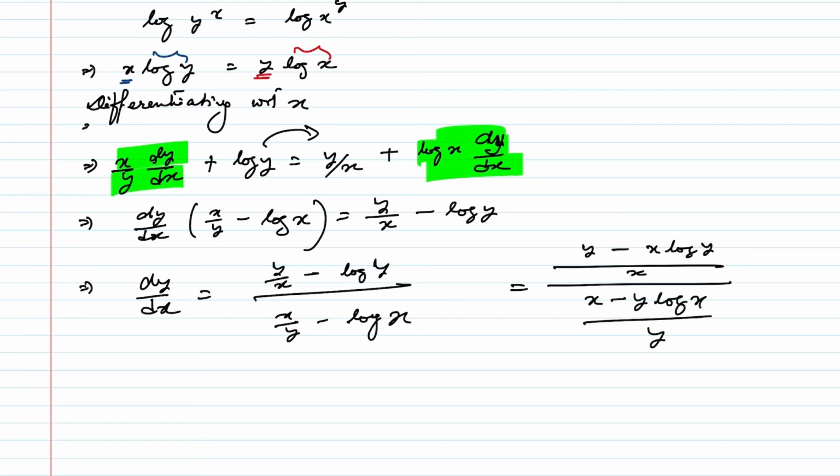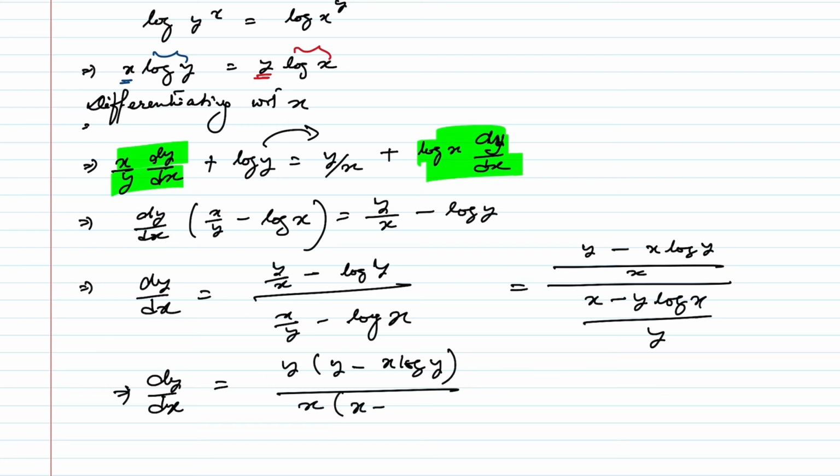So dy by dx is equal to y into (y minus x log of y) by x into (x minus y log of x). Or you may write this as y by x.